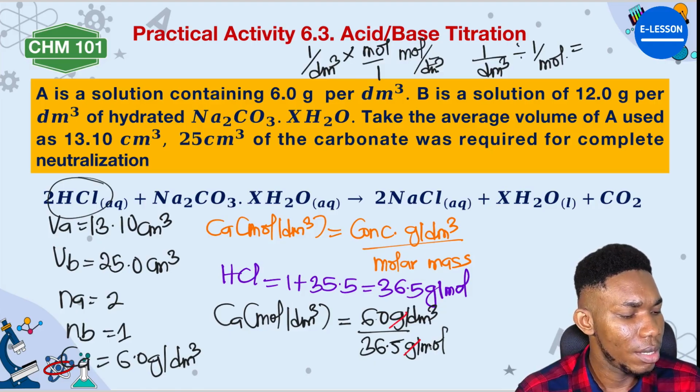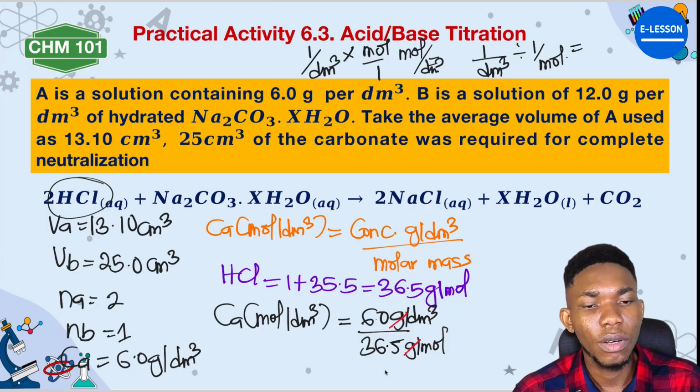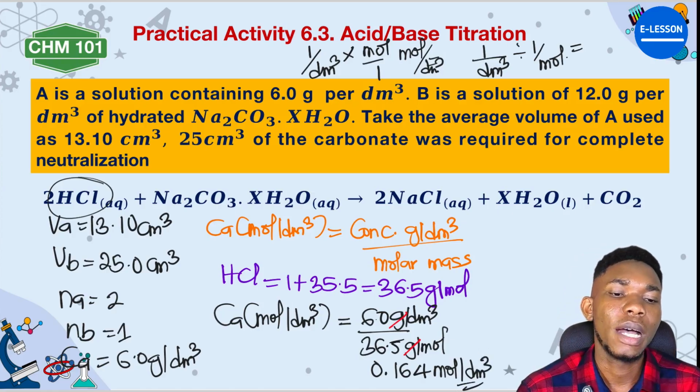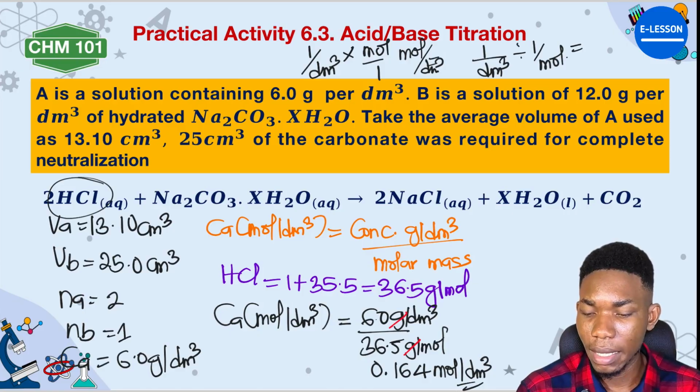So this is 6 divided by 36.5, which gave us 0.164 mole per dm cube. Is that okay? So that is the answer for Ca in mole per dm cube.